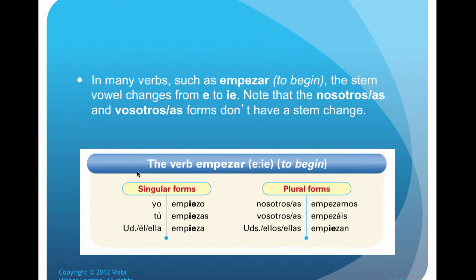The top of the boot starts up here, it comes down to empiezas, and the sharp end of the boot, the toe, comes right under here, and everything that we can encompass inside of this boot is going to have a stem change. However, what we're leaving outside of the boot, the nosotros and vosotros, do not. So that's just a little trick to help you remember this.